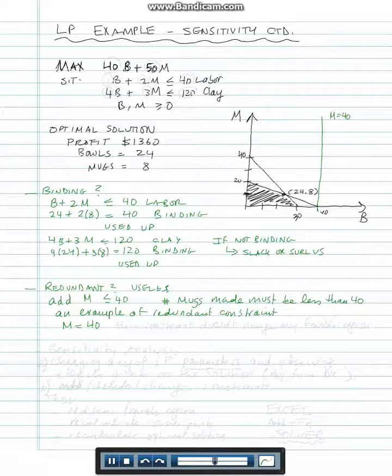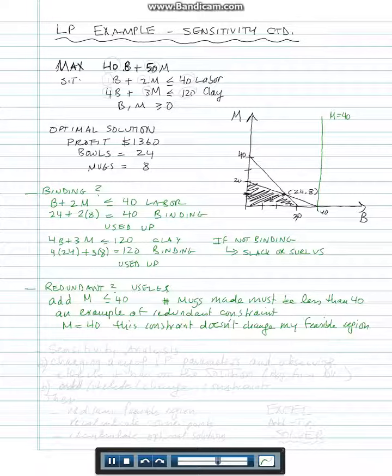Everything to the left of that will intersect with the feasible region and will not change my feasible region. So this constraint does not change my feasible region, and that's why it's redundant. That's an example of a redundant constraint.